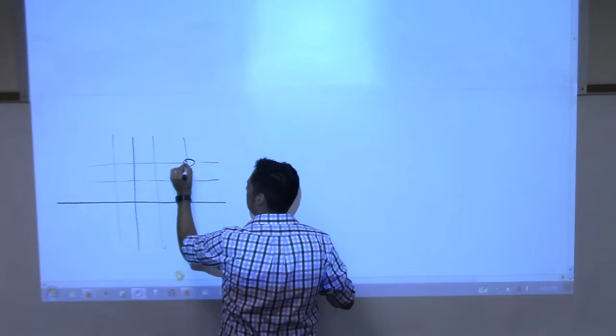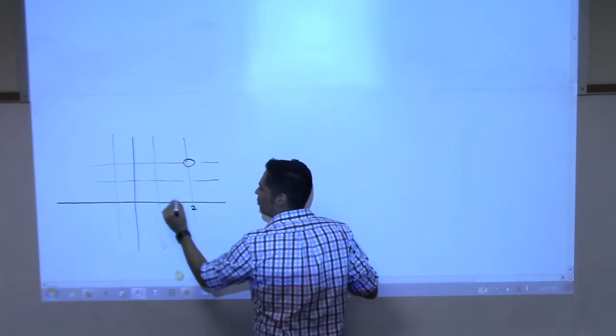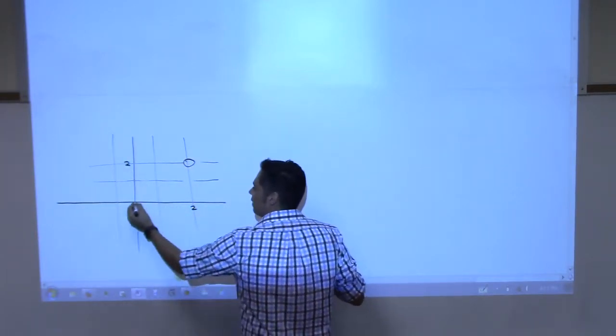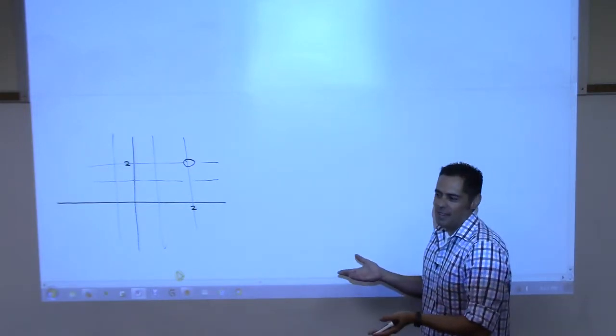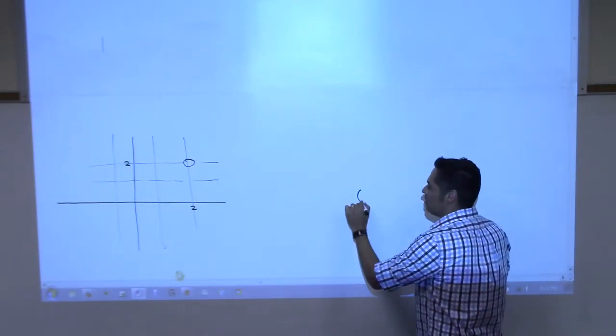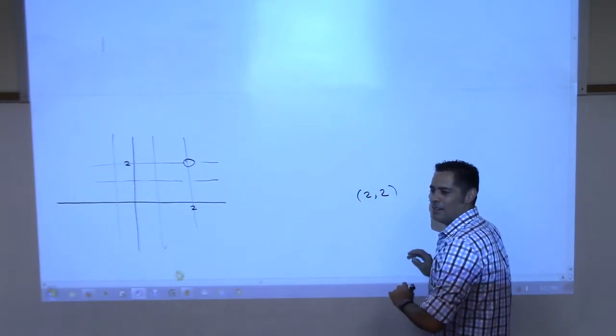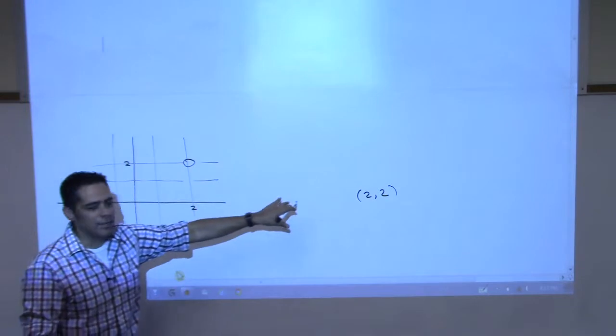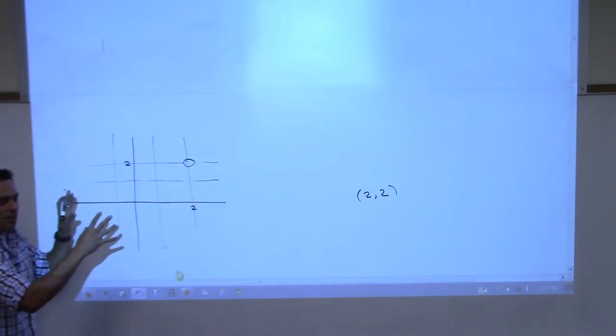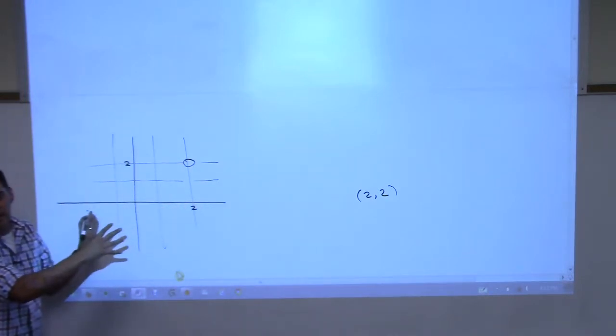Dad was right here, and this was 2, and this was 2. There's the origin. And so her answer was 2, 2, right? So since childhood, we've had this idea of points being on what we call the Cartesian plane.